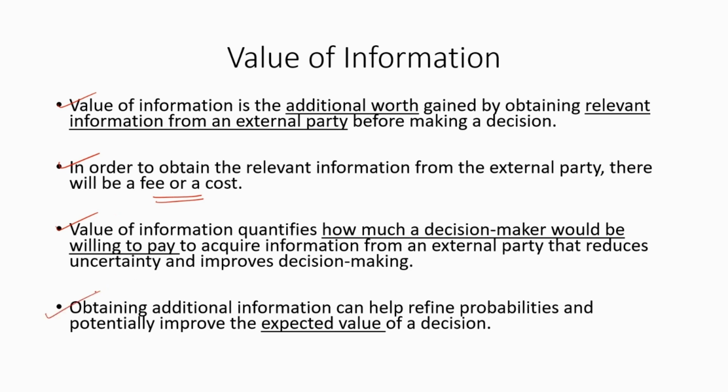Obtaining additional information can help refine probabilities and potentially improve the expected value of a decision. This is because now the company has more relevant information regarding the probabilities of potential outcomes. This will improve the expected value of a decision.